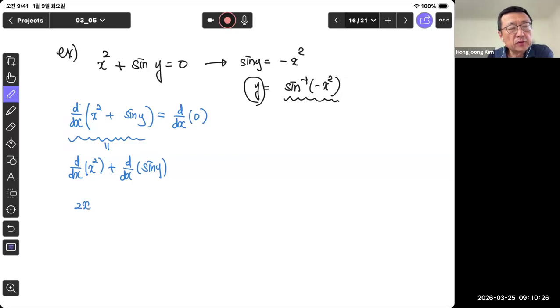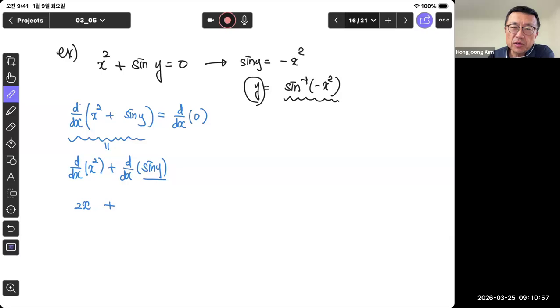And what is the derivative of sine y when I differentiate that function with respect to x? As I said, this y will be some function of x. So sine y is the composite of two functions. The outer function is sine, and the inner function is y. The chain rule says, when I differentiate this composite, we first differentiate the outer function.